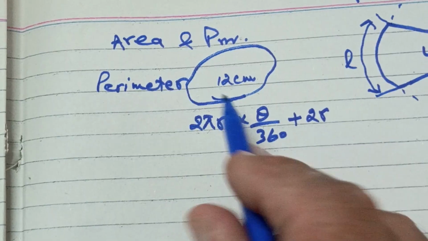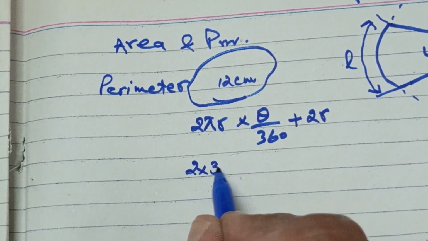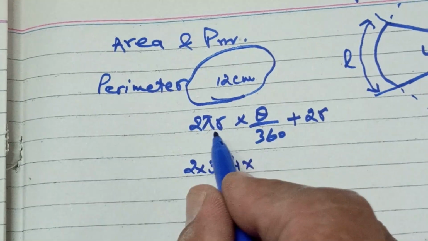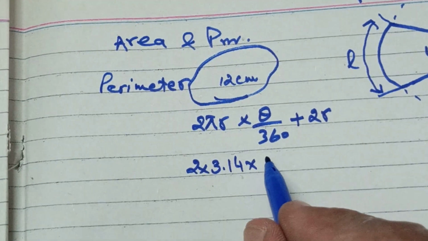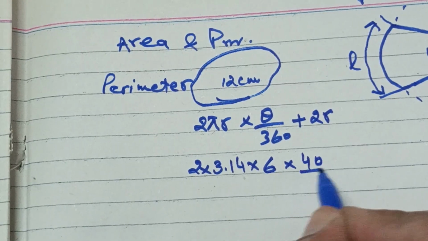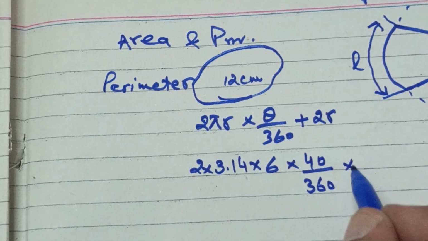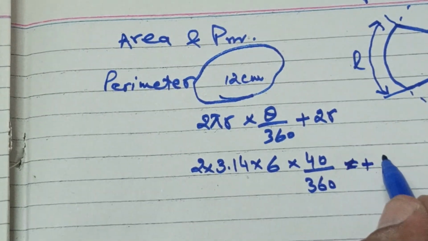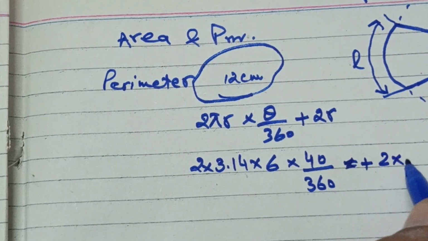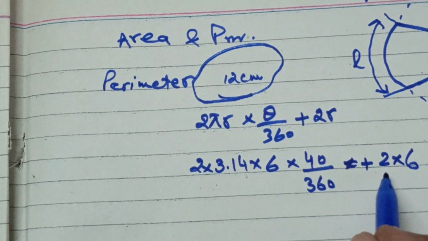So 2 multiplied by 3.14 multiplied by r, that is 6, multiplied by theta, 40, divided by 360, then added 2 multiplied by r, 6. The same 12 centimeter will come over here.